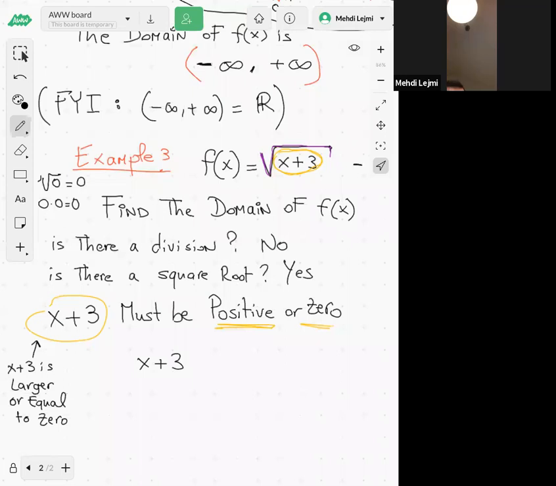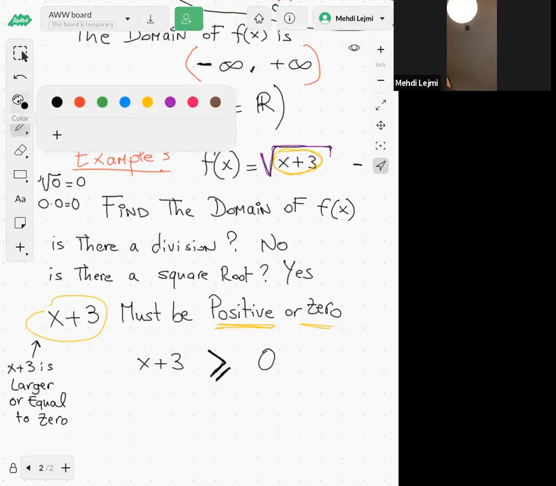Now, how do we express the fact that x plus 3 is larger or equal to 0? We're going to use inequalities. Larger or equal will be this symbol here, larger or equal to 0. The line here means or equal, and this symbol here means larger.